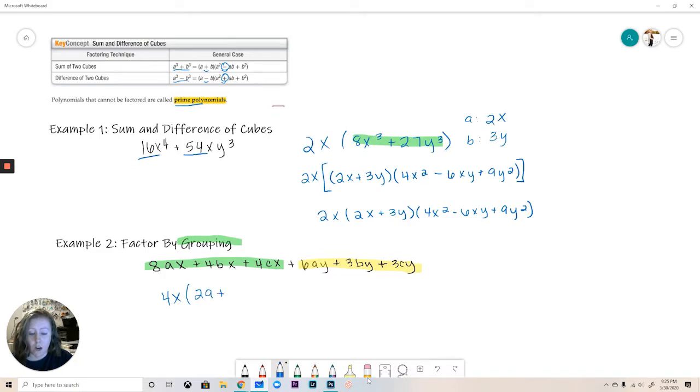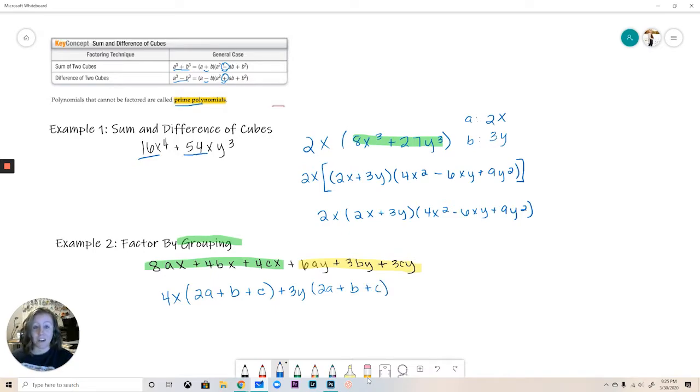I took out a 4x, so I have b. Took out the 4x, so I just have c. So the first half is factored. The second half, my common factor is going to be a positive 3 and a y. So I'm going to be left with, again, 2a plus b plus c.